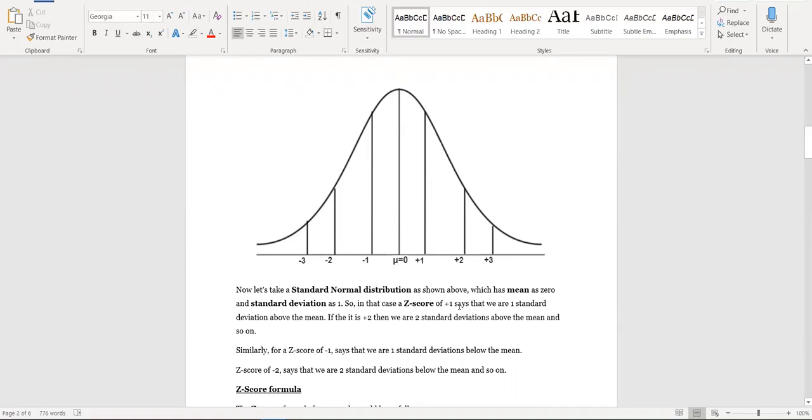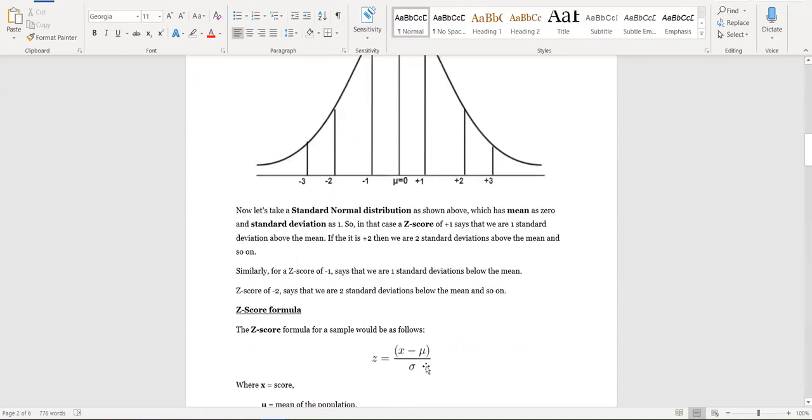So how can we basically determine the z-score, right? As I said, suppose the z-score is 1.7, so how do we determine that? For that, we will be using the z-score formula.